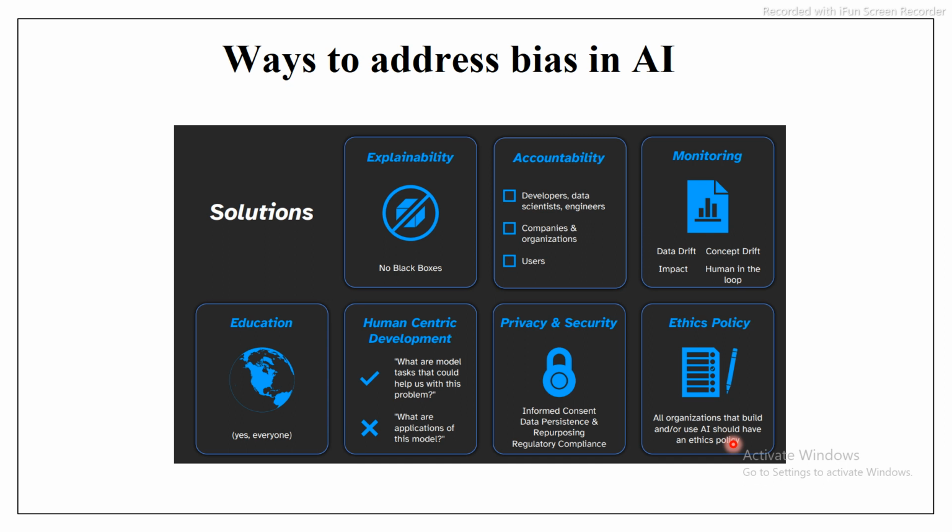There are many ethicists who work on AI systems development and check whether the particular ethics have been followed, because whenever you are designing any AI system, ethics plays an important role, along with privacy and security. These are the things you have to take care of. These are some ways of addressing the bias.